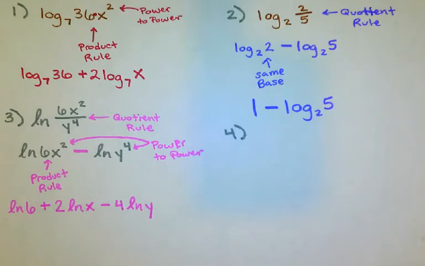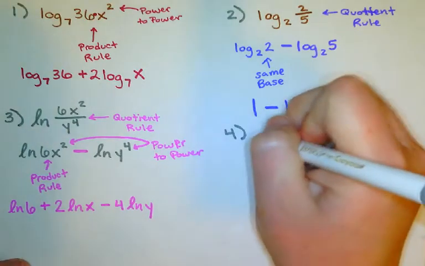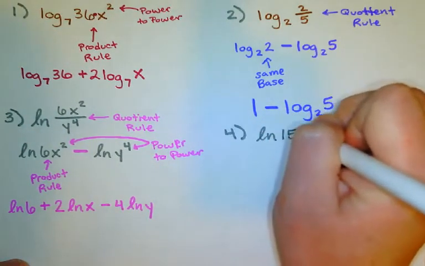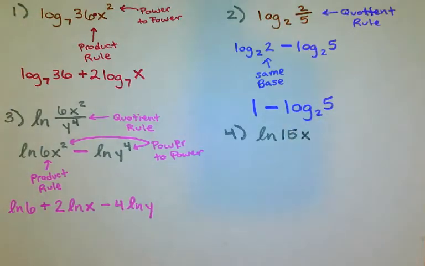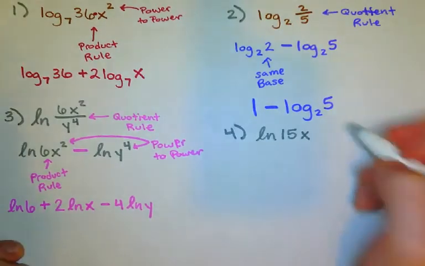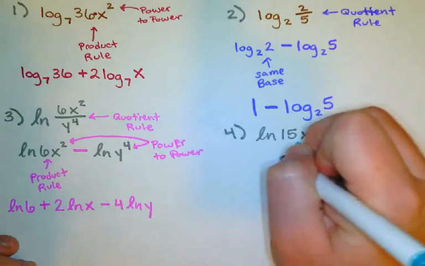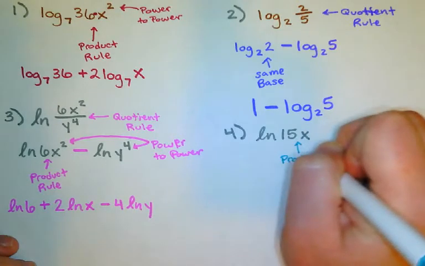Okay, and then for number 4, we have the natural log of 15x. What do you see here? That's right. There's only one rule that we're going to use here, and that is the product rule.